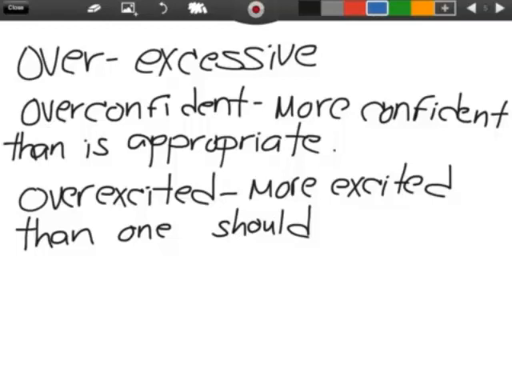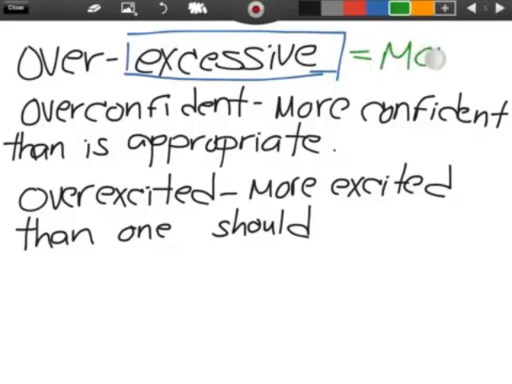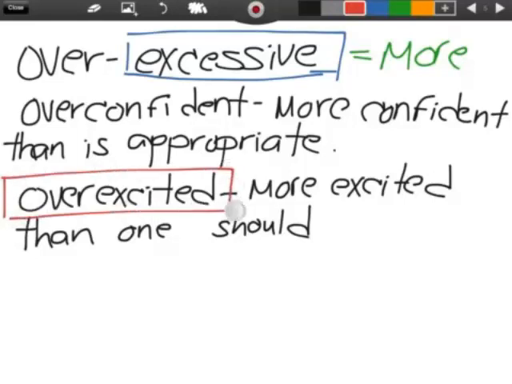I'm going to make excessive more clear for you guys. Excessive means more. So just to make that more understandable for you, I'm going to use overexcited in a sentence.